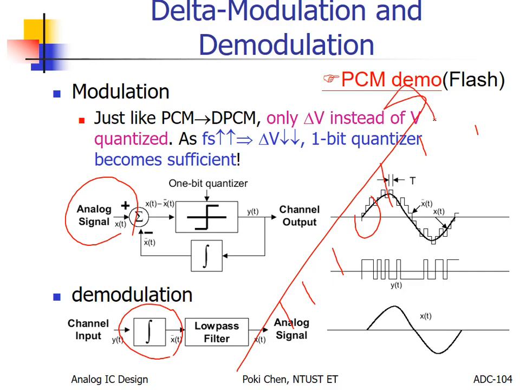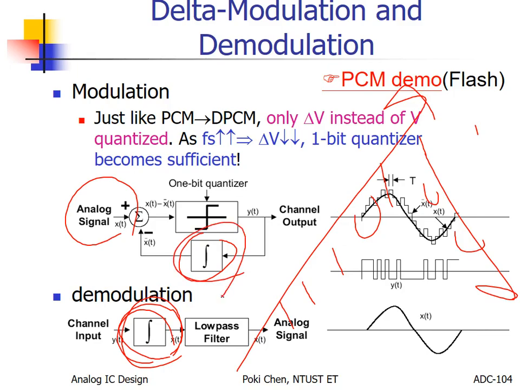Oh, it is increasing. 0, 0. Oh, it's decreasing. That's it. So you sum them up. But even though you sum them, this and that are exactly the same in idea. So you already embed such kind of signal reconstruction in the modulation structure. But for reconstruction, we still need to duplicate this idea.